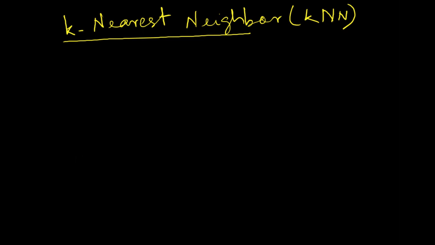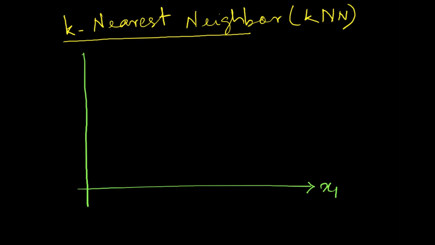So here, what do you do? Let's say you have some features, let's say 2 features for the sake of simplicity. You have x1 and you have x2, and you have some data points. So you have some data points of one class which are located like this, and you have, let's say, some other data points of some other class C2 which are located over here.